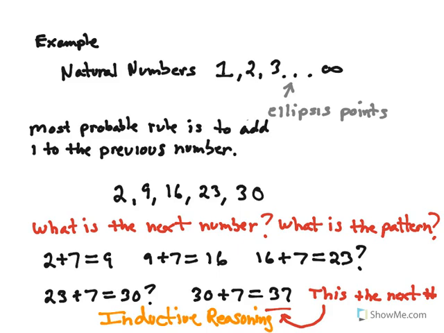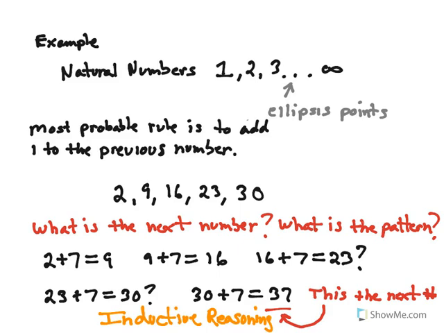If we look at the pattern of numbers 2, 9, 16, 23, and 30, we want to ask ourselves two questions. What is the next number, and what is the pattern? Is it 2 plus 7? Does that give us 9? Does 9 plus 7 give me 16?